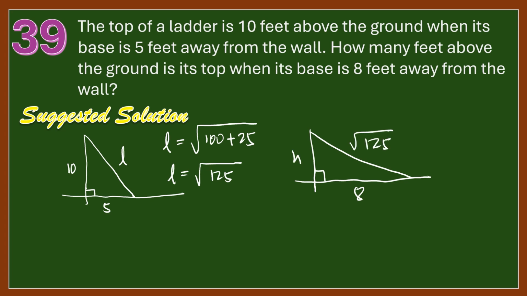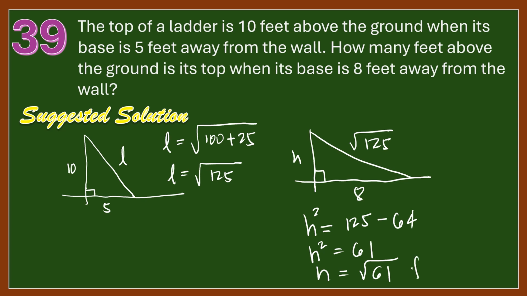If h is the height that the ladder reaches above the ground, then h squared is equal to the square root of 125 squared minus 8 squared, that is 64. Then h squared is equal to 61. Getting the square root of both sides, we have h is equal to square root of 61 feet.